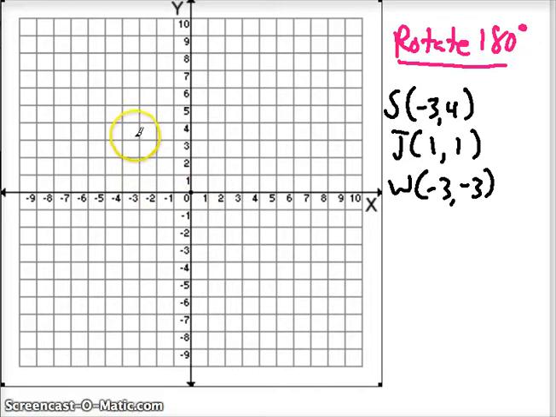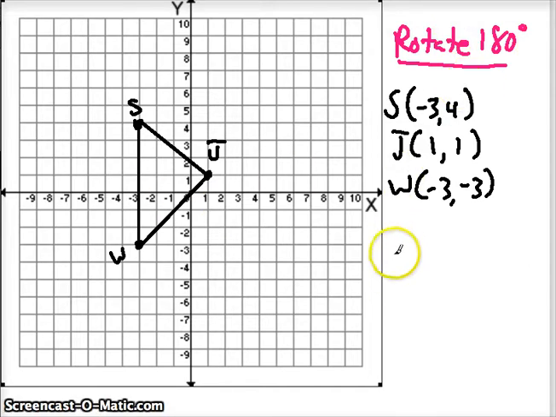So -3, 4 is S, 1, 1 is J, and -3, -3 is W. Connect our points, and let's rotate 180 degrees.